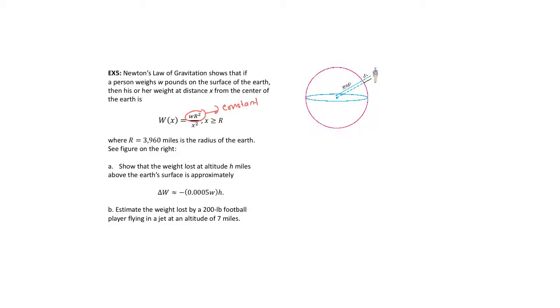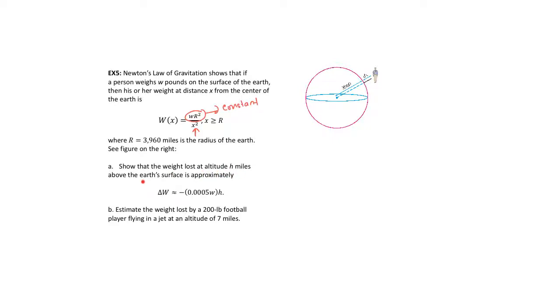So we notice that since the variable happens to be right here in the denominator, this is really saying that as x, the distance away from the surface of the earth increases, the weight of the person goes down, which makes perfect sense.